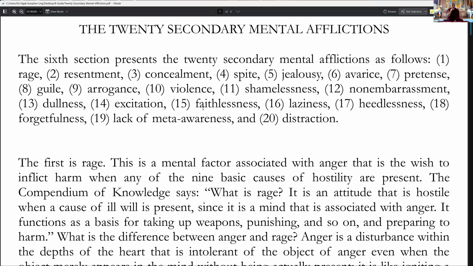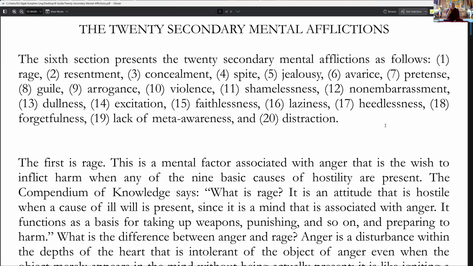Okay, and then look at pretense, the pretense and guile. Right after that, number 8, guile. Okay, so pretense, guile, and which is our topic, heedlessness. These three arise from either attachment or ignorance, not from anger.